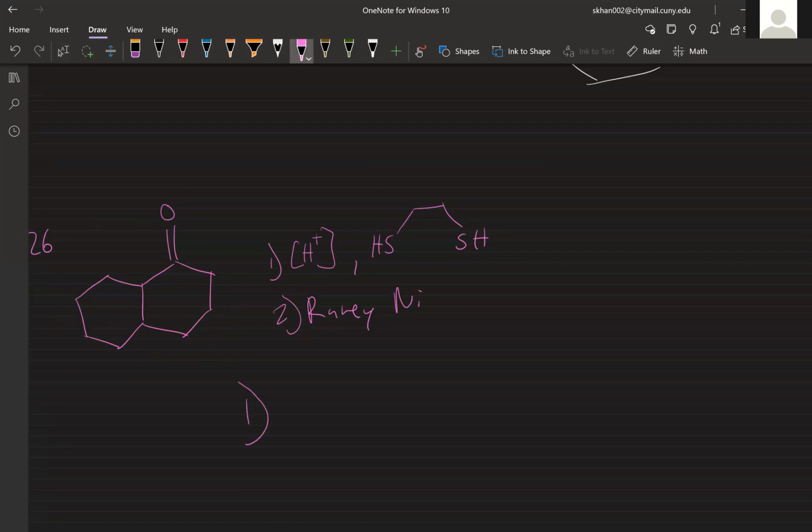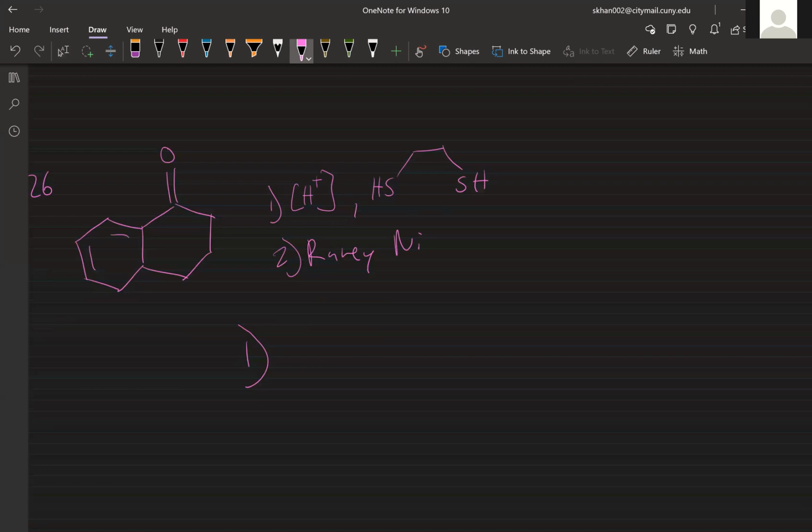So after step one, what do we get? Oh, I missed some stuff here. What would we have here? Well, if this was oxygen, or acetals, let's say this was just the R group, we'd have two R groups here, OR and OR.